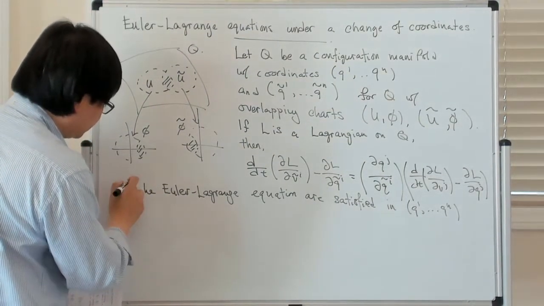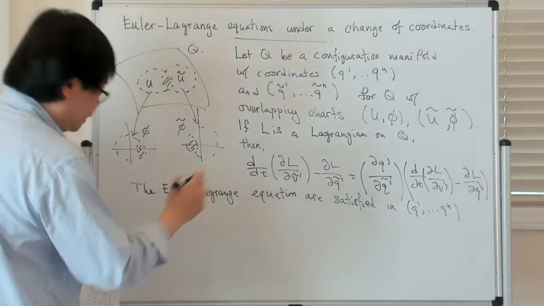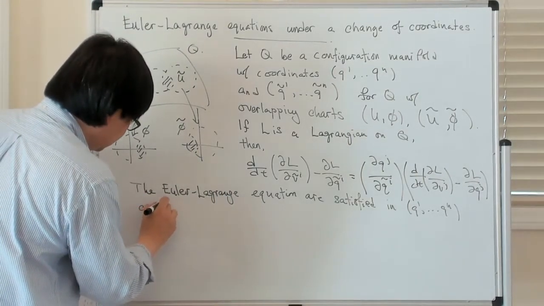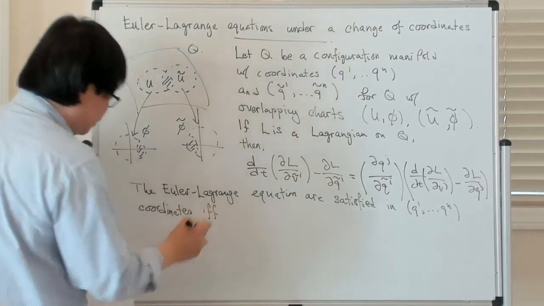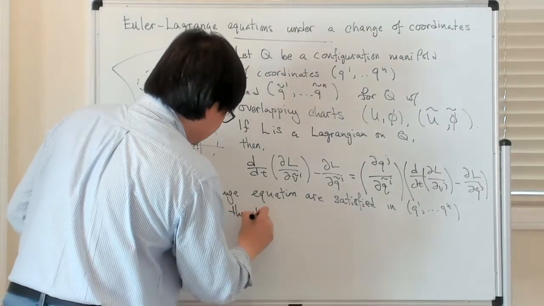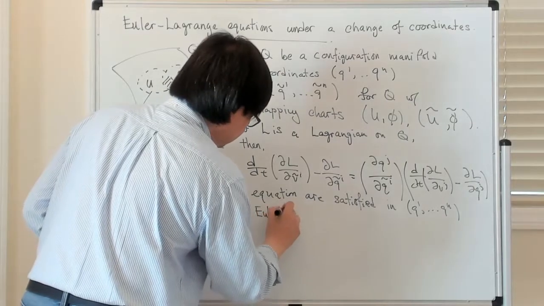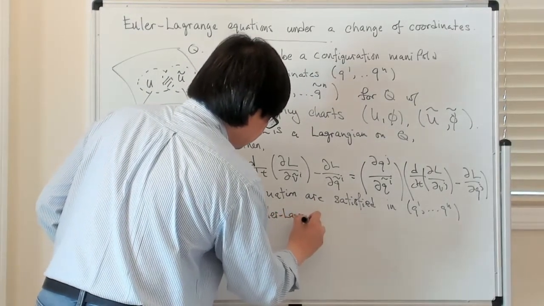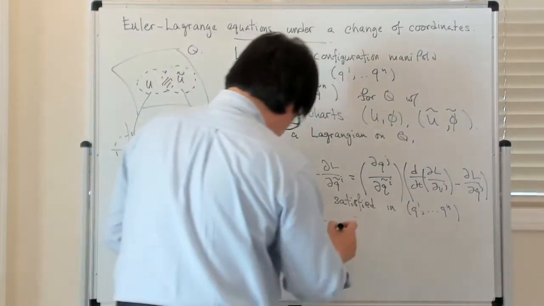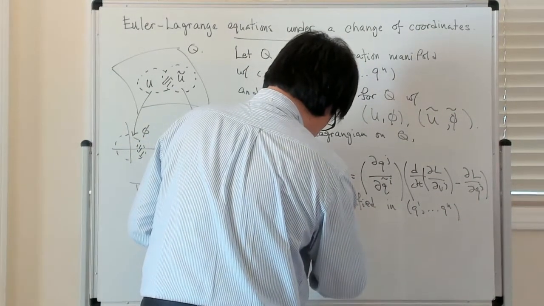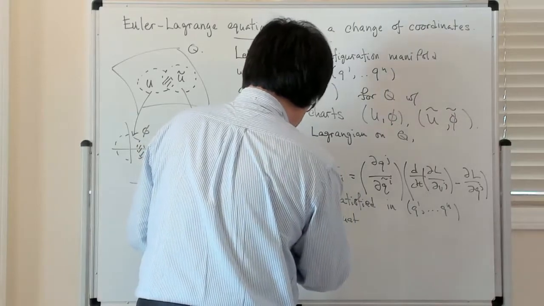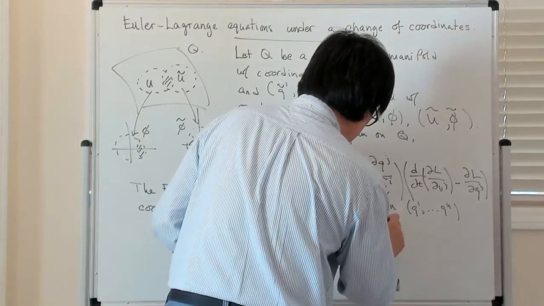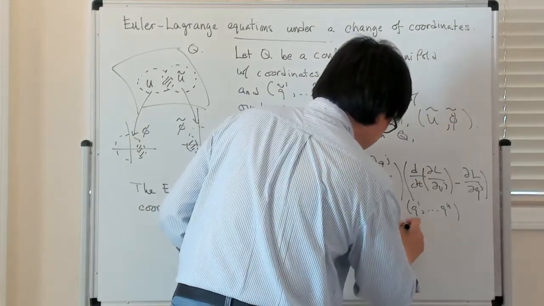The Euler-Lagrange equations are satisfied in these coordinates if and only if the Euler-Lagrange equations are satisfied in the other coordinates.